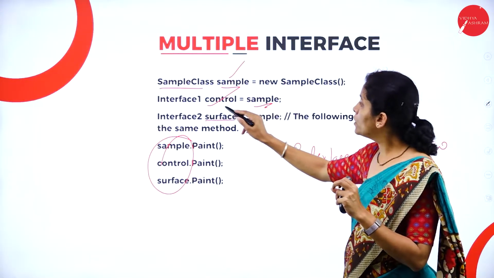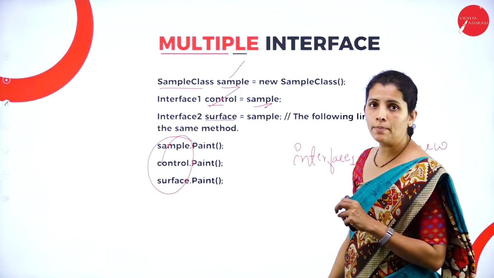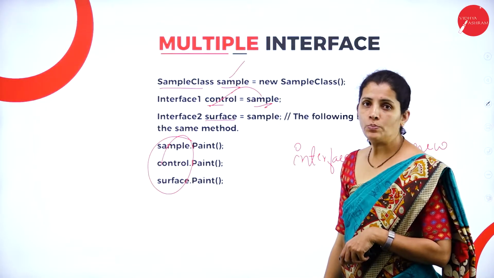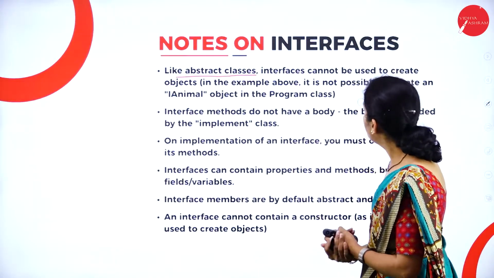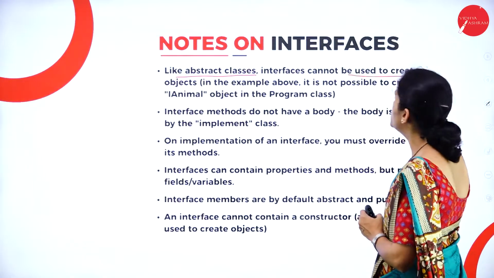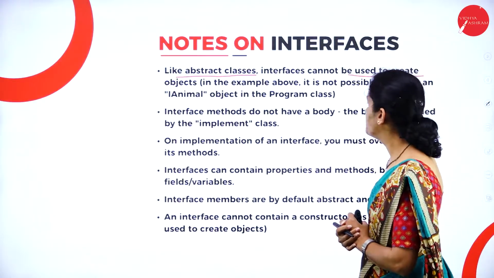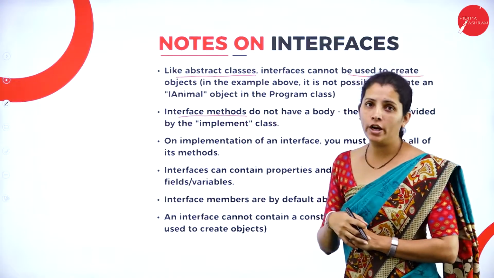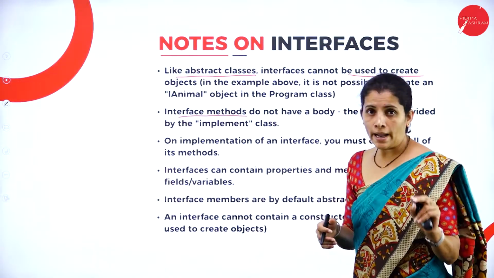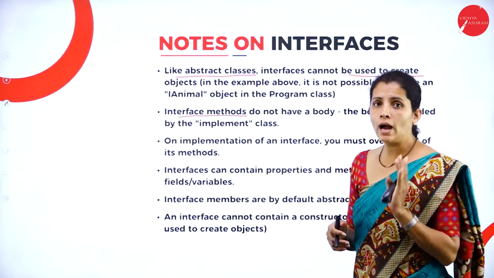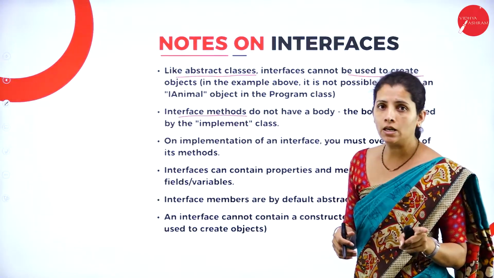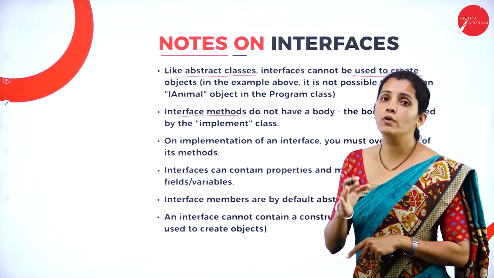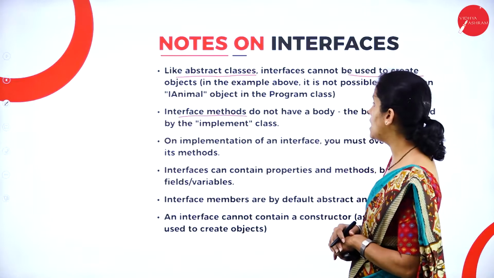Now I am going to create an interface variable and assign the class object. So an interface cannot be used to create objects. Now interface methods do not have a body. That means in my interface, I can have only abstract methods. When it is an abstract method, there is no body. And I am going to write the body in my class.